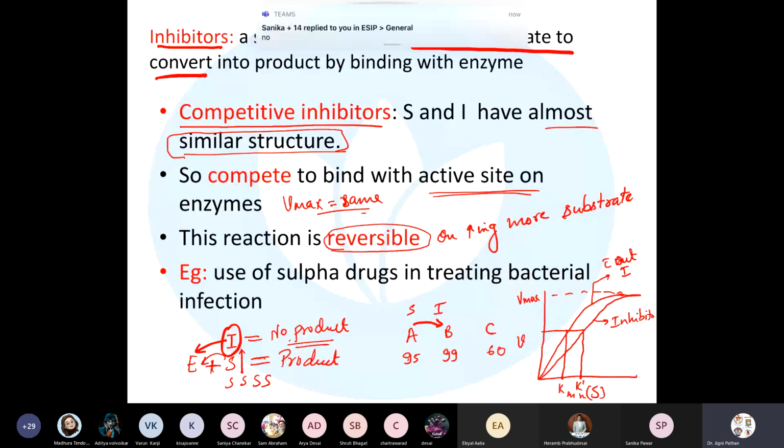Yes. Km changes. There's a difference between Km and Km dash. Very good. Vmax does not change and Km changes. This is a competitive inhibitor. Clear to all? In the presence of inhibitor, the Km value increases.